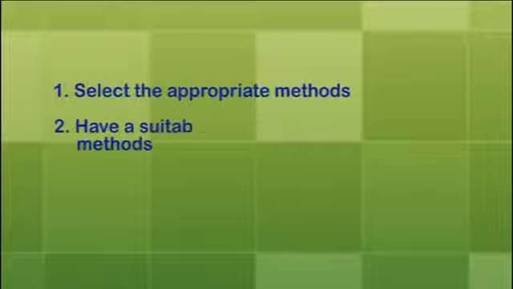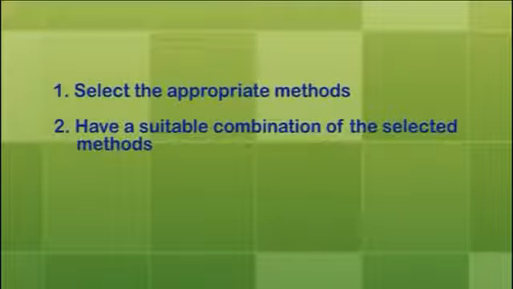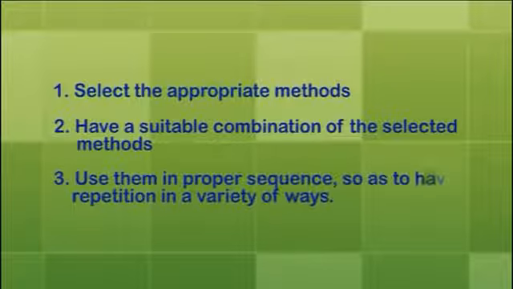In order to get the most effective results, the extension worker should: number 1, select the appropriate methods; number 2, have a suitable combination of the selected methods; number 3, use them in proper sequence so as to have repetition in a variety of ways.